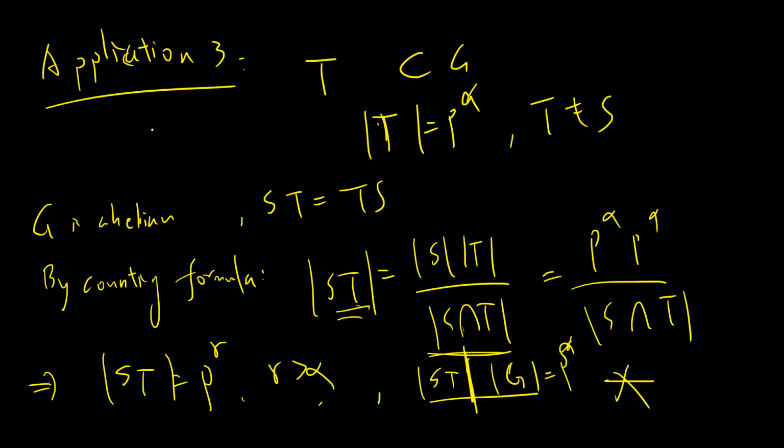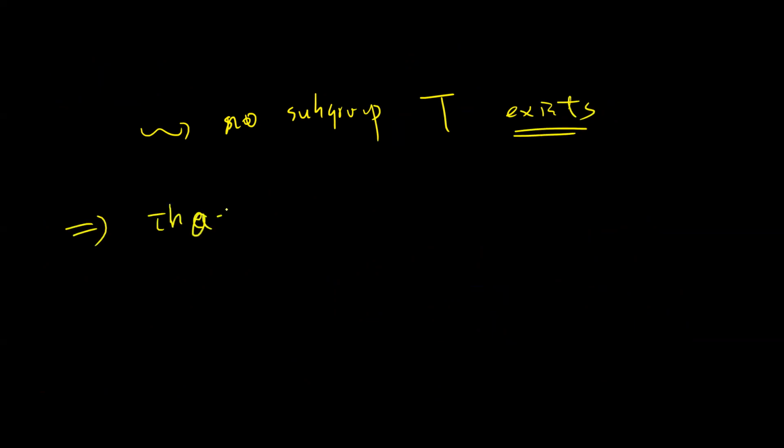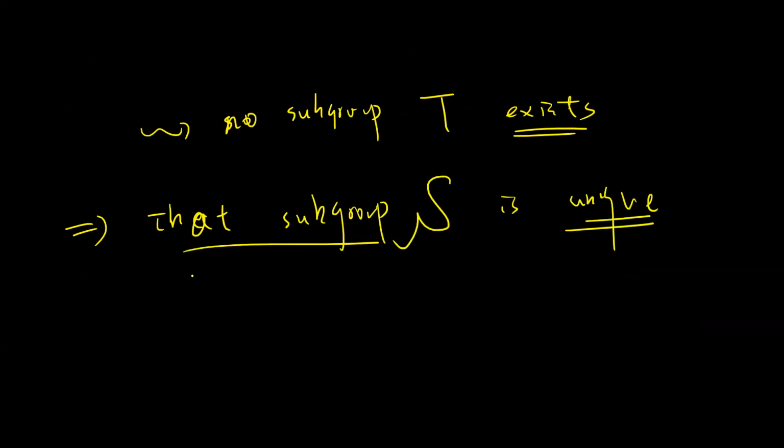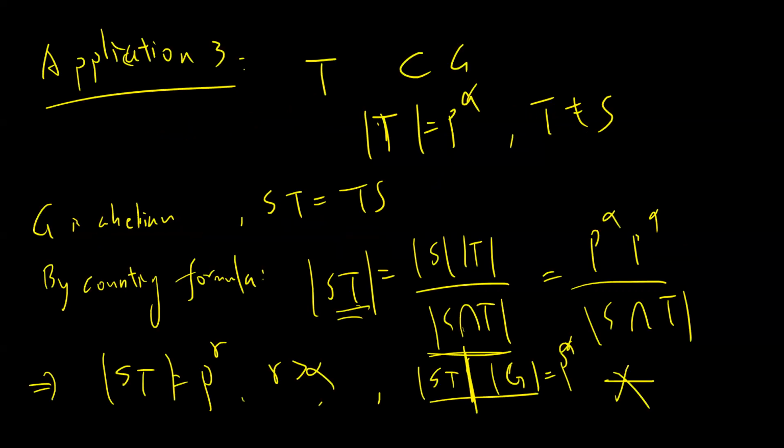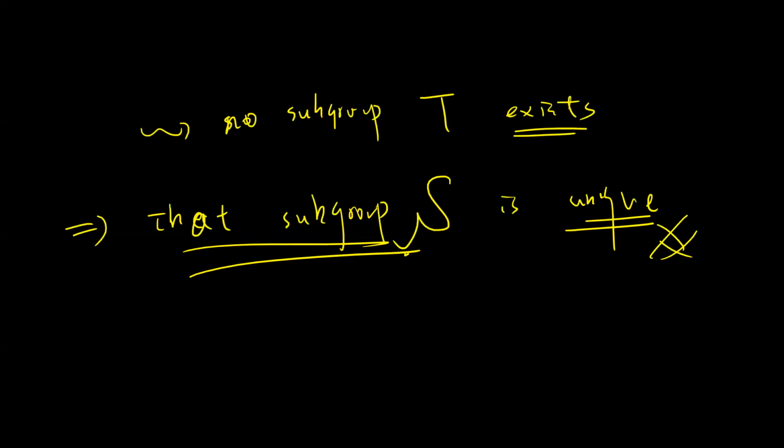So no subgroup T exists. So the result is that the subgroup S is unique. This application 3 tells you that the Sylow subgroup must be unique.